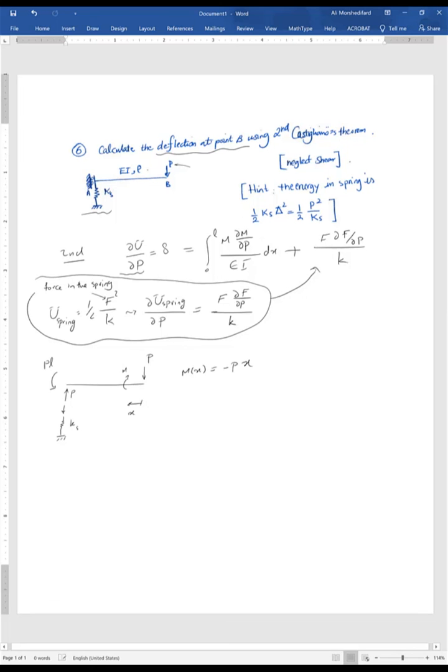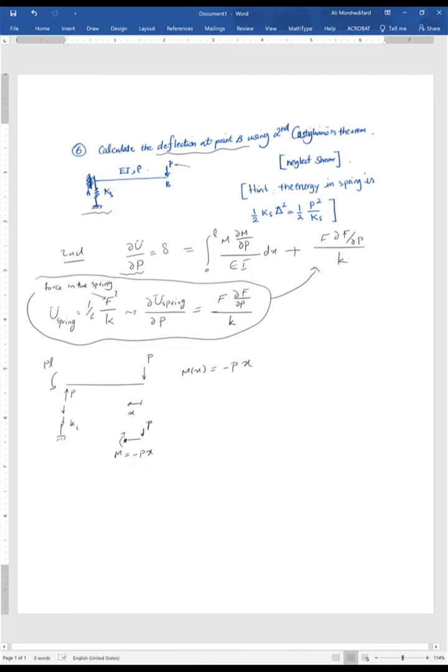There will be a moment. It's better if I don't show it like this. So if you make a cut, M becomes negative Px if you take the moment about this point, right?